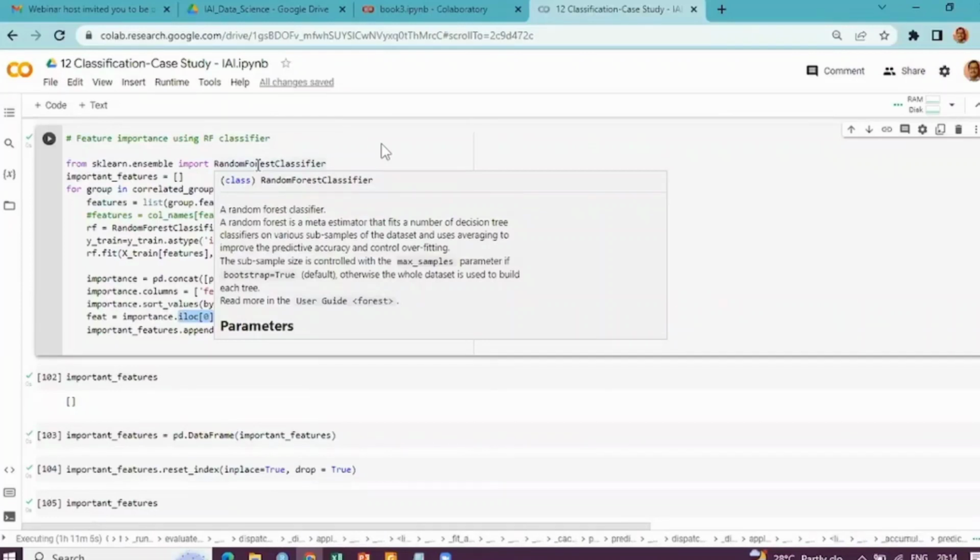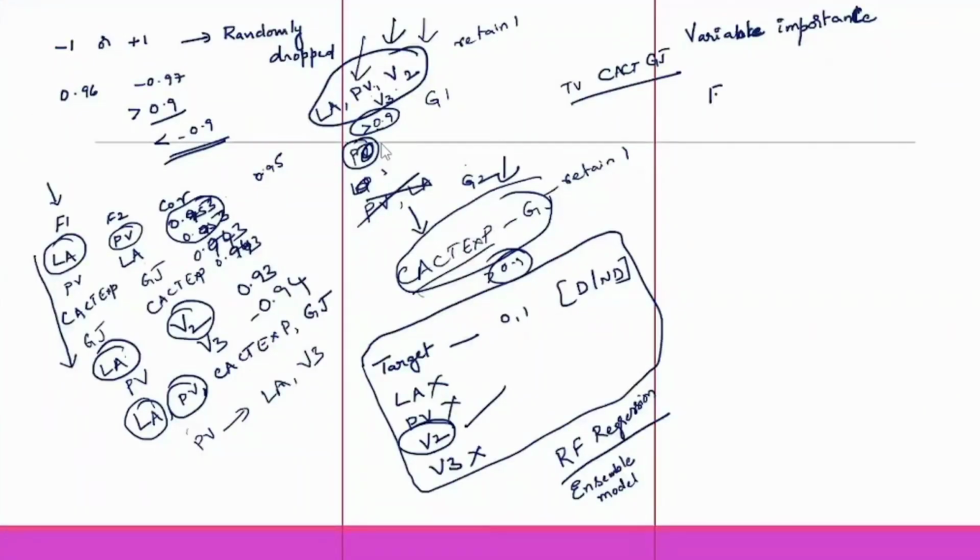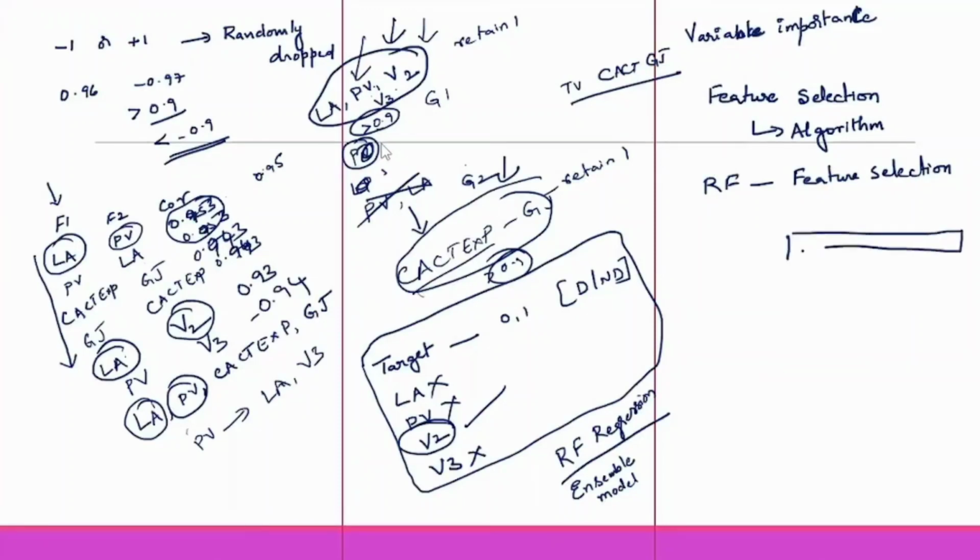The other day, if you remember, I was talking about feature selection, which is an algorithm driven feature selection. So this is random forest algorithm driven feature selection. What is that? You will take all the features. These are your x's.